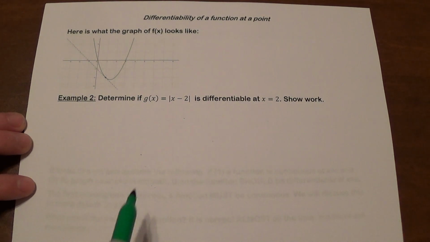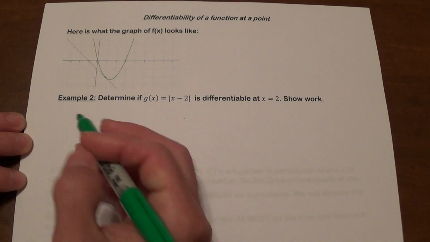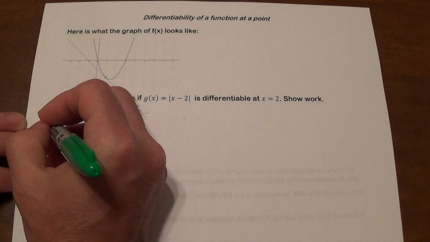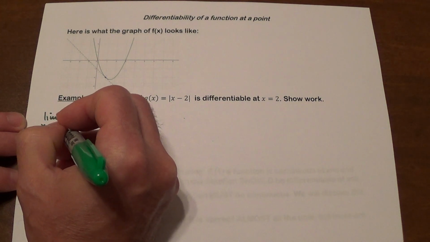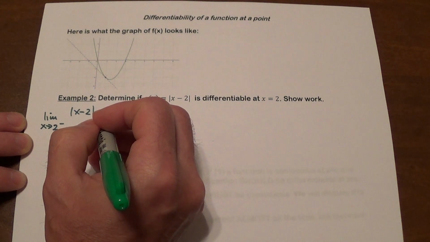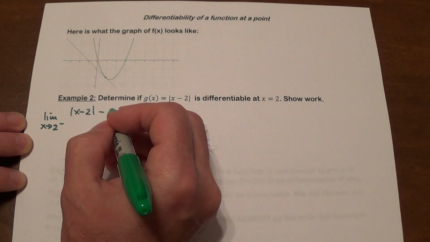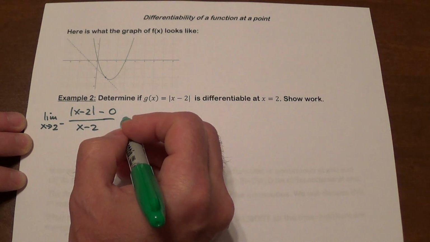So we have the absolute value of x minus 2, and we want to see if it's differentiable at x equals 2. So the limit as x approaches 2 from the left is of x minus 2 minus 0 divided by x minus 2.